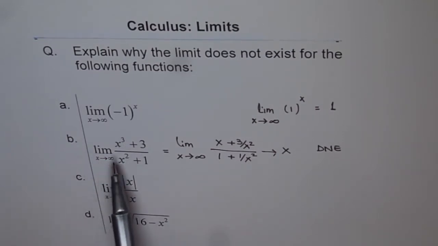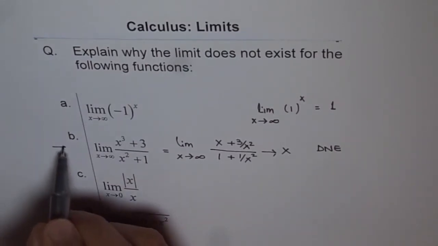The limit will also exist if the degree of the numerator is lower than that of the denominator, correct? But if the degree of the numerator is higher than that of the denominator, then in rational functions, the limit will not exist, correct? So that's the point to be noted, correct?